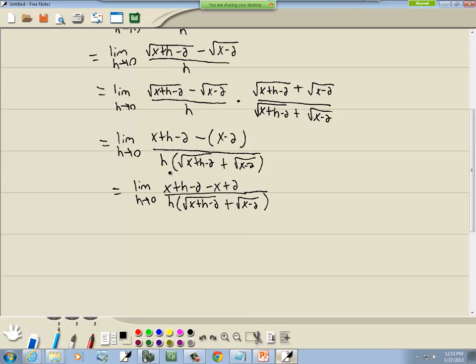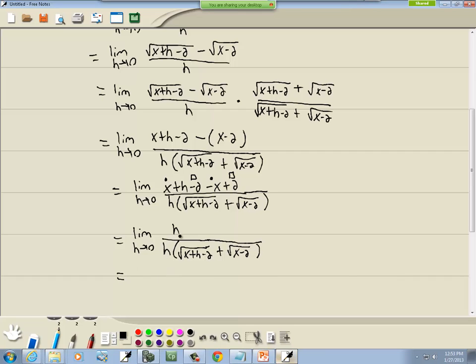Well, the x here minus x is going to cancel. Negative 2 plus 2 here are going to cancel. So we're left with the limit as h goes to 0 of h over h times the square root of x plus h minus 2 plus square root of x minus 2.